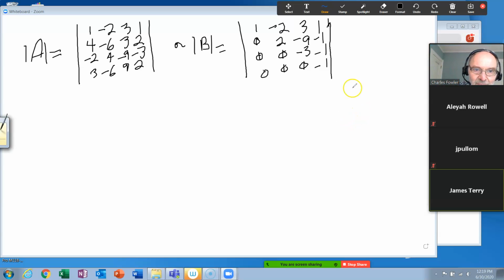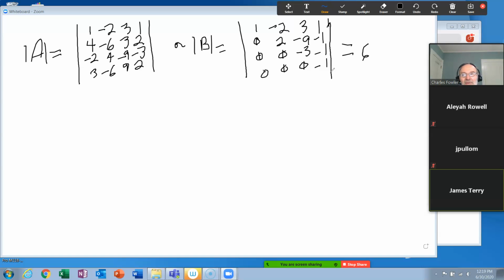Just do the product down that main diagonal. 1 times 2 is 2, times -3 is -6, times -1 is +6. Actually, I would have done it +3 times +2 is +6. But however you want to do it. Okay.